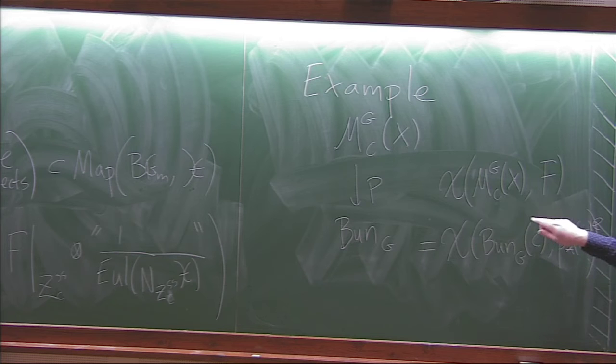Then there are the Teleman-Woodward index formulas, which give a very complete answer for computing the index of K-theory classes on Bun G.